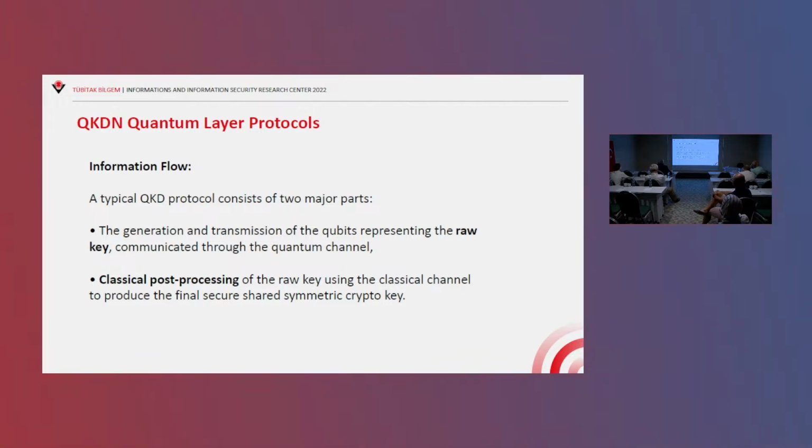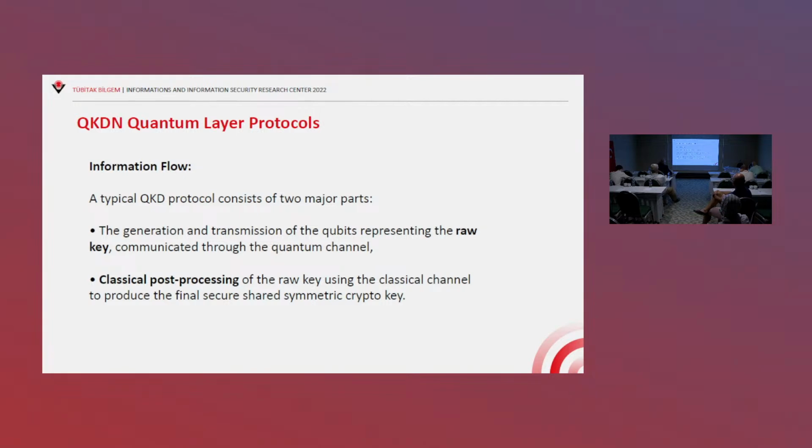So a typical QKD protocol, both the prepare-and-measure technique and the entangled photon technique, includes two parts. One is the generation and transmission of the qubits that represent the raw key. We call this the raw key because that's not the actual key that Alice and Bob would use eventually.